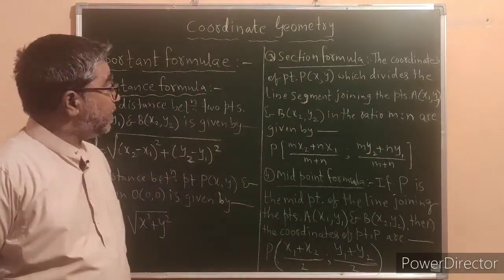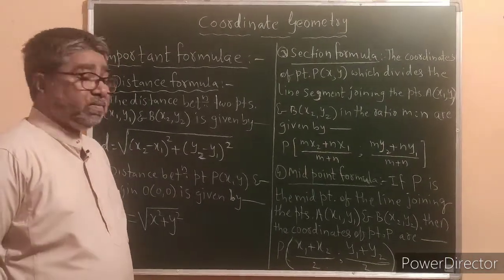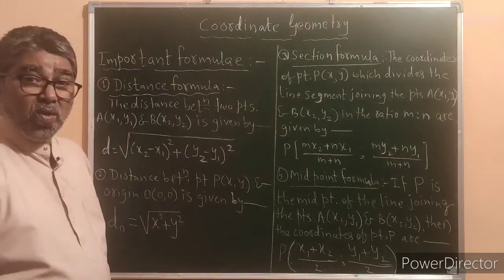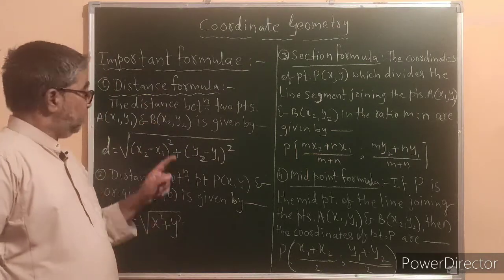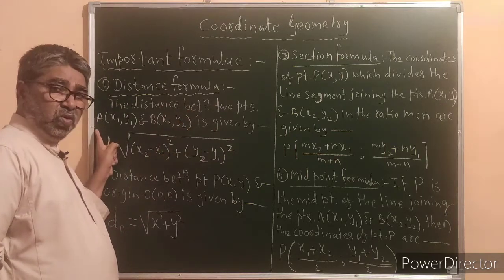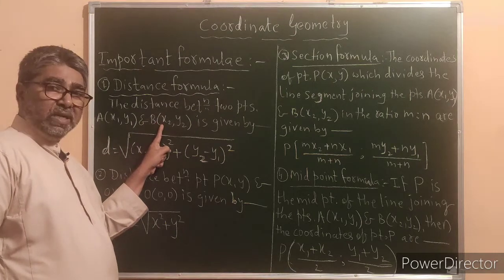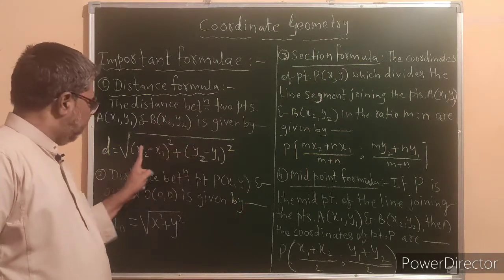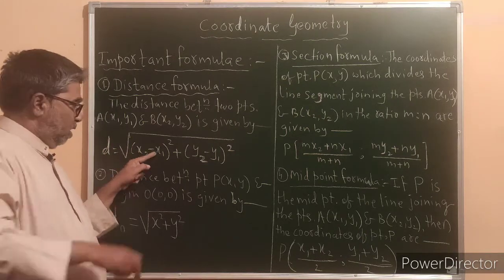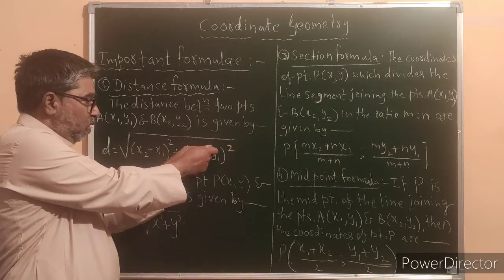Dear students, let us see a few important formulae which are very helpful in solving examples. The first formula is called the distance formula. The distance between two points A whose coordinates are x1, y1 and B whose coordinates are x2, y2 is given by d is equal to square root of (x2 minus x1) whole square plus (y2 minus y1) whole square.